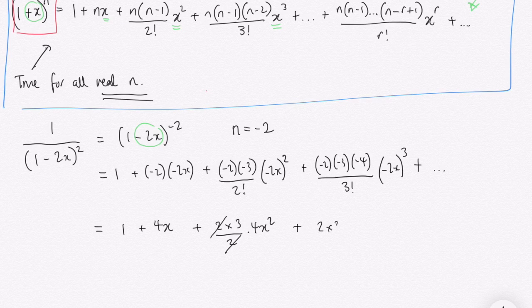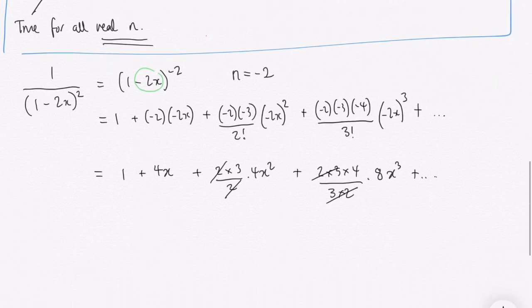So 2 times 3 times 4 over 3 factorial, so 3 times 2 times 8, and we don't need to write negative x here because we've accounted for it in our signs, 8x cubed plus our remaining terms. And we can see here that the 3 times 2 cancels with the 3 times 2 here, so we have 4 times 8. So what is this equal to? It's equal to 1 plus 4x plus 3 times 4, which is 12x squared, plus 4 times 8, which is 32x cubed, plus these remaining terms here.